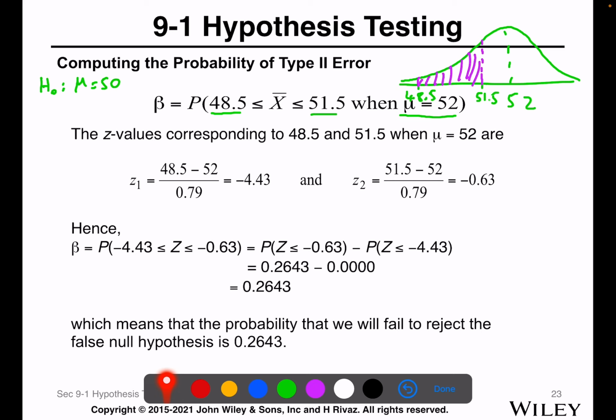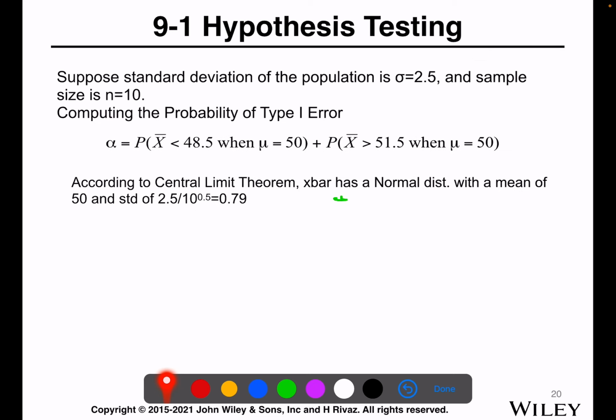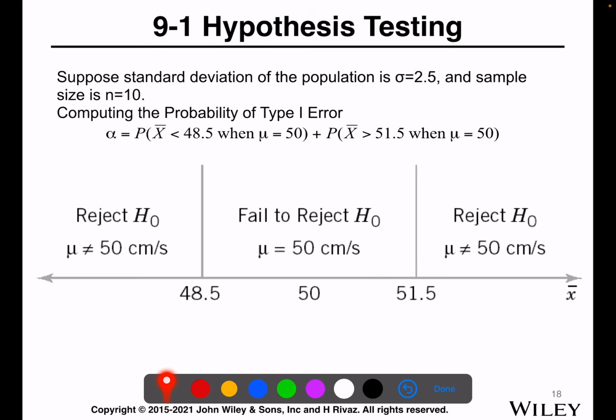So basically we have set up the question as before. If I go back to the very first slide, I have set up the question as follows. I'm saying that if X bar is here, I do not reject H0. If X bar is here, I reject H0, right?